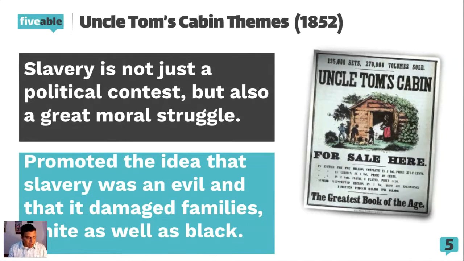He's very positive. He takes care of people. He cares about his slave owner, and slavery just kind of eats Uncle Tom alive. One of the themes of Uncle Tom's Cabin is that slavery is not just a political contest, but it's also a moral struggle.